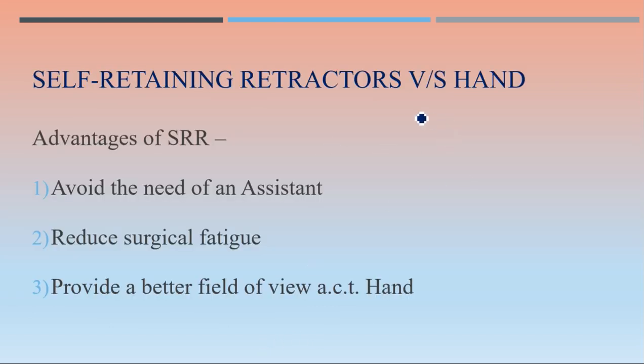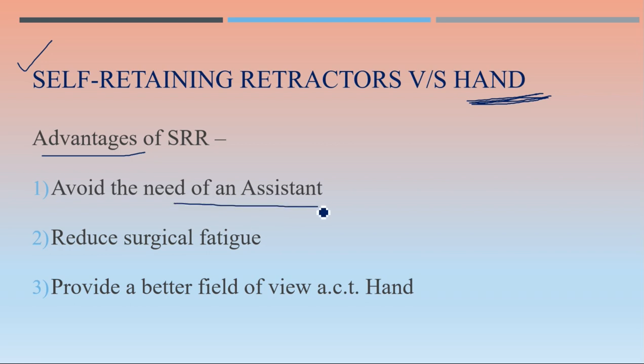So self-retaining retractors. What are the advantages of self-retaining retractors versus hand? Whenever we are using hand for our retraction, how is it useful for us to use self-retaining retractors instead of hand? So the advantages: it avoids the need of an assistant, right?